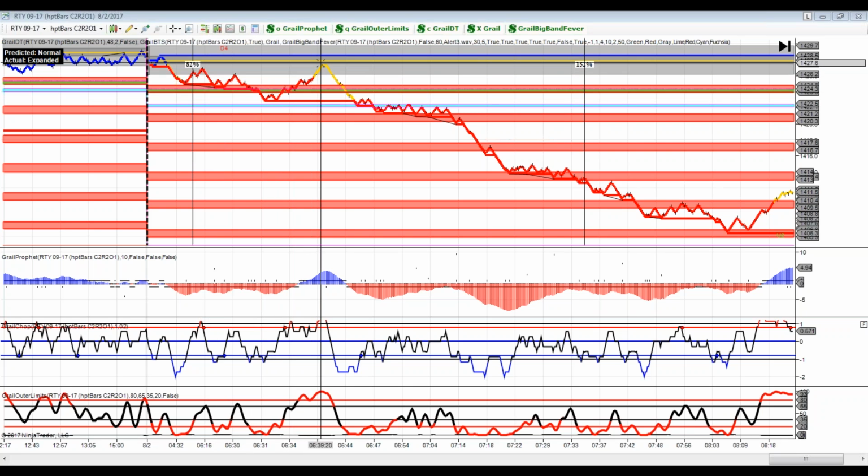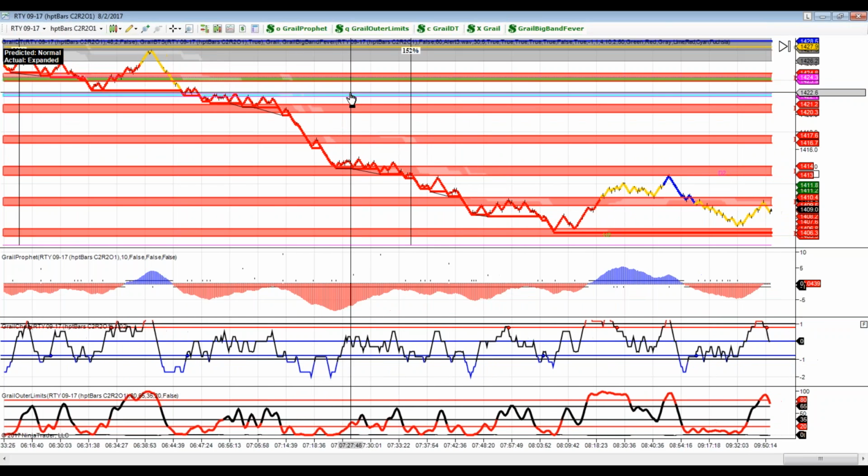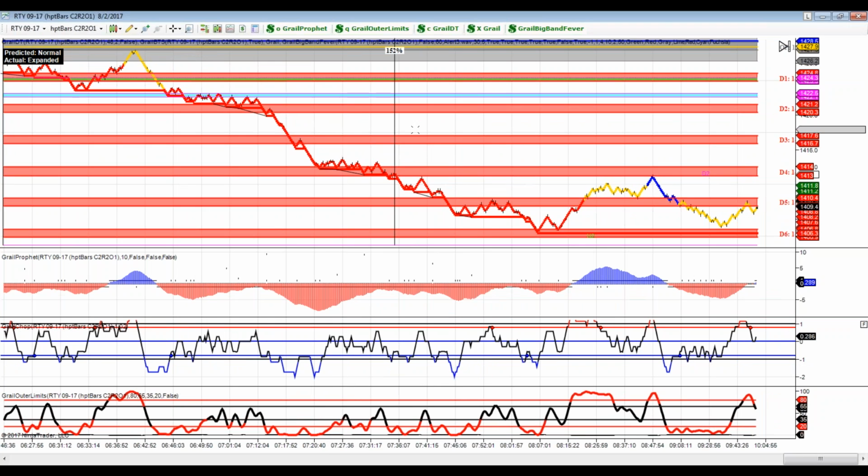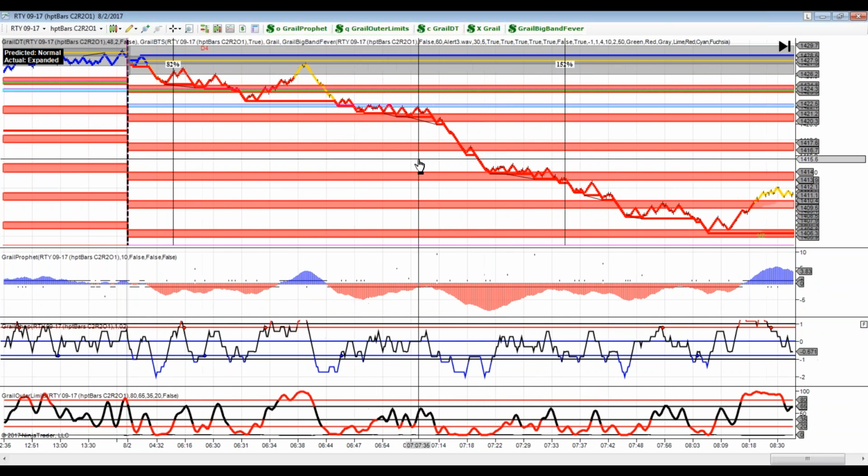Came back up into the OP. This was after the pit open this morning, so this is within our pit open. Got short again, and we just ripped band after band after band. We're running an expanded area. So far we've hit 6 of them because we're running expanded.